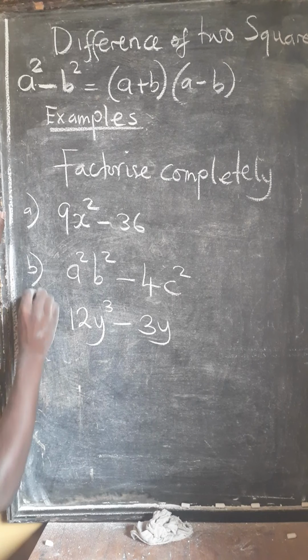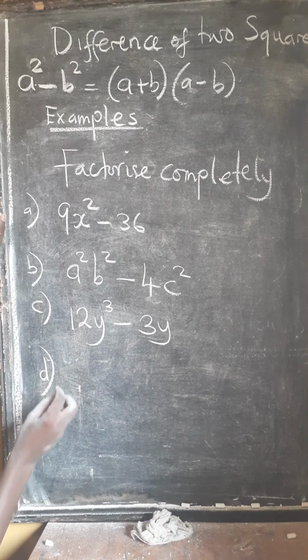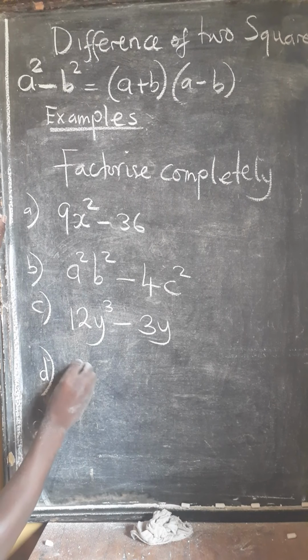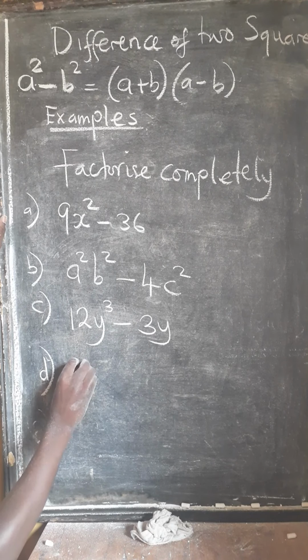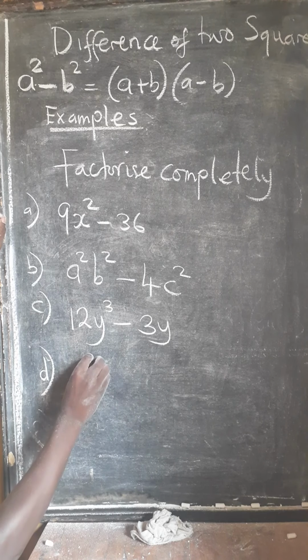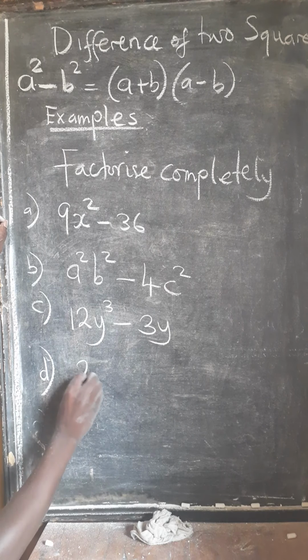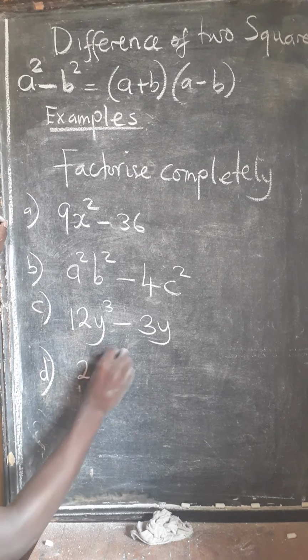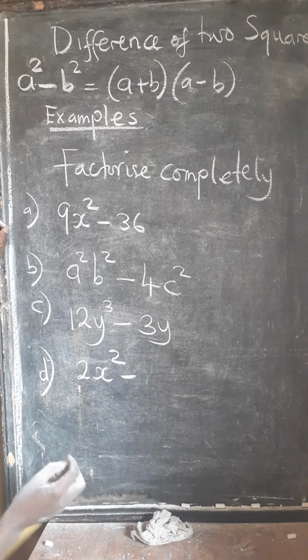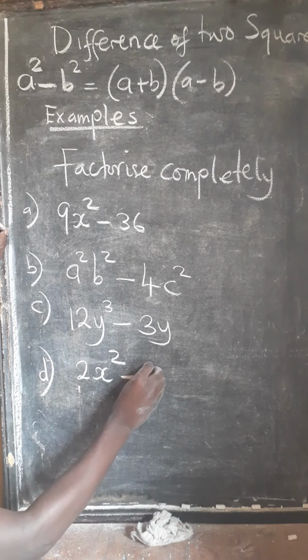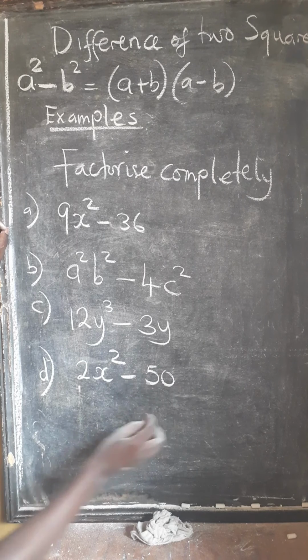Then D, we can have 2x squared minus 50.